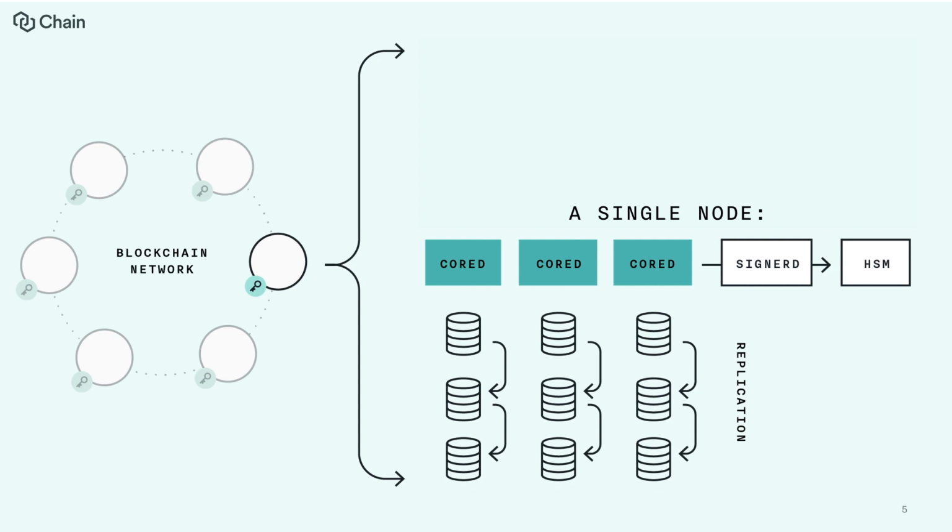And the HSM is responsible for securely generating and storing private keys, and signing blocks and transactions, things like that. Now, this section down towards the bottom is really the meat and potatoes of what I'm going to talk about tonight. Each server running core D talks to a fleet of replicated Postgres databases. Each of these sets of databases has exactly the same data shared across all of them.